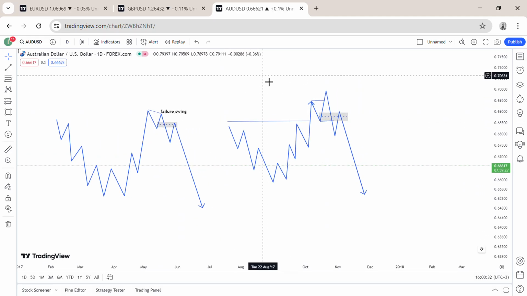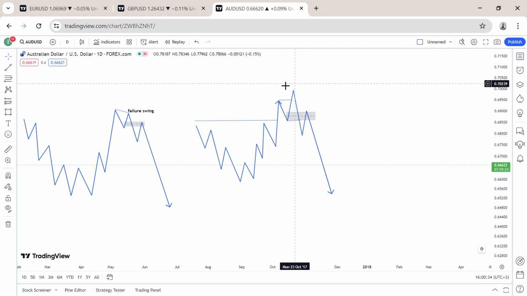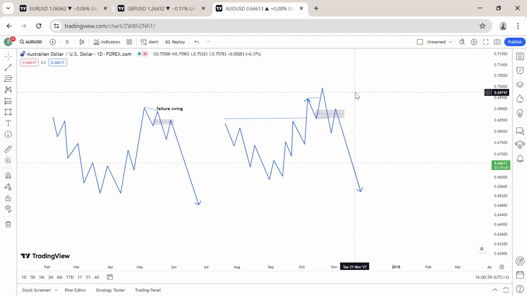In this case, this created a new high. So the first candle right here that pushed the price higher, breaking the structure, and then dropping down, causing a displacement below this level, is called a breaker block.